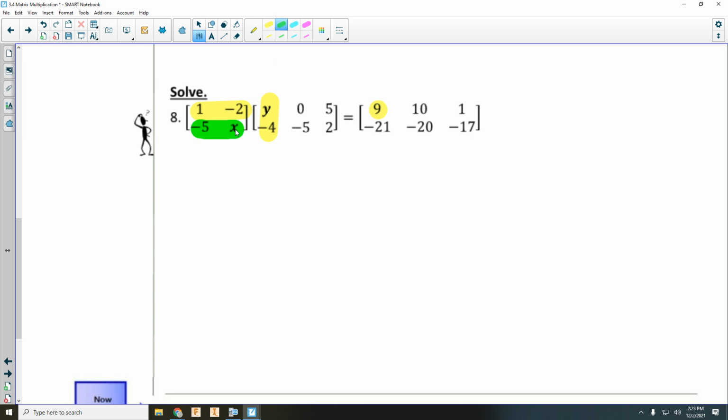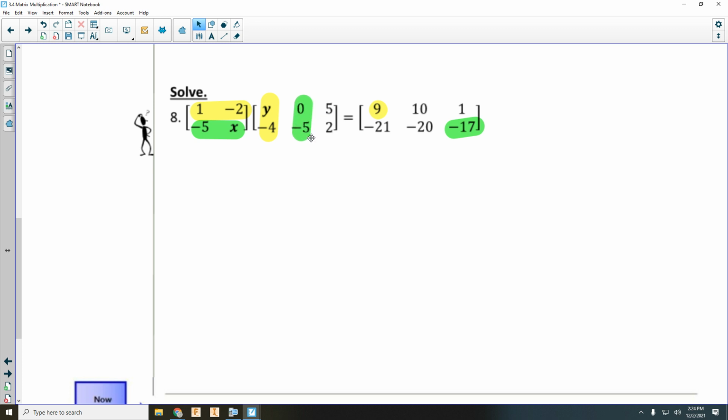If I multiply, and I could do this with anything, if I multiply row 2 times column 3, what's that equal to? Row 2 times column 3 is equal to -17.